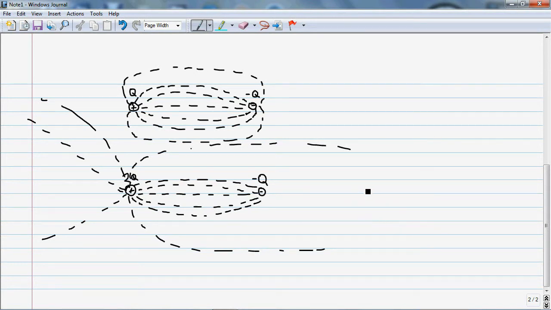If I have two charges that are positive, then the field lines are going to warp away from each other so that they don't touch.